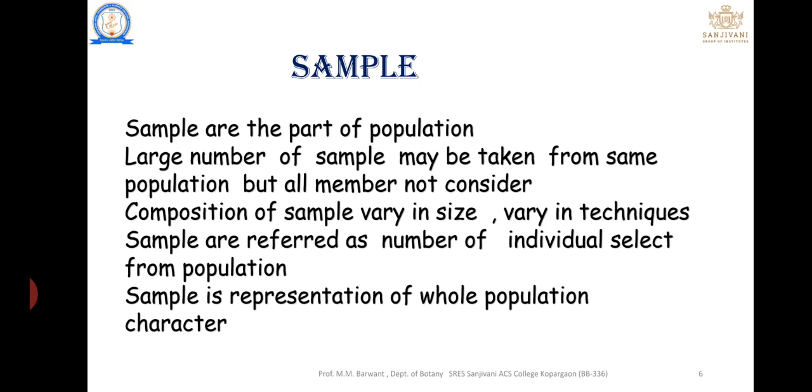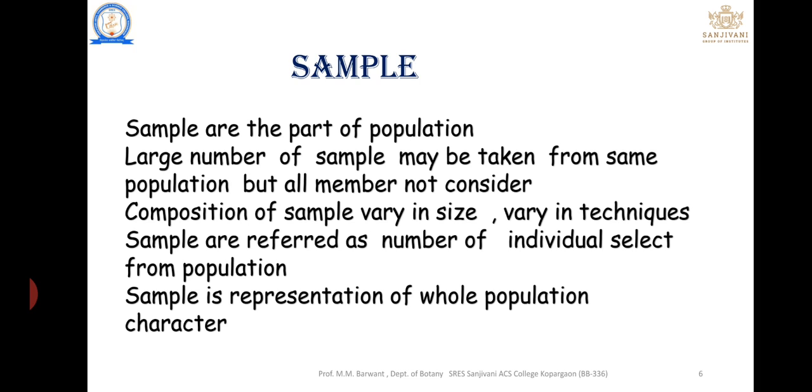The composition of a sample varies with technique. Sampling is done by various techniques. For example, we take a random sample from your class, or we take a sample in a systematic way, such as taking an entrance test and selecting the talented students. Those are two techniques. Various authors and biostatisticians give different concepts, but the actual basis is selecting a number of individuals from the population, and that is known as a sample.